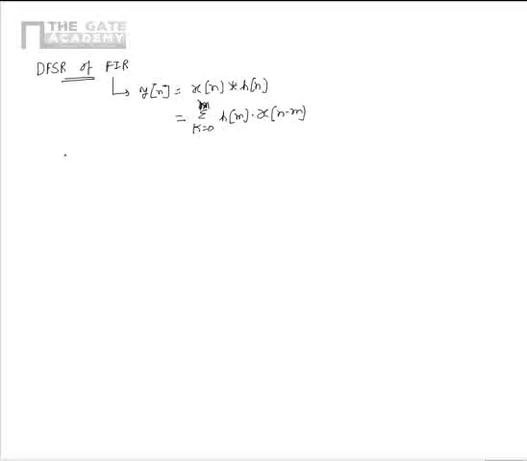So the direct form implementation of the same can be as shown in the figure. Let us consider an input of x of n. Now, due to the introduction of delay elements, we see that the output after each stage would be x of n minus 1, x of n minus 2, and so on till x of n minus m.